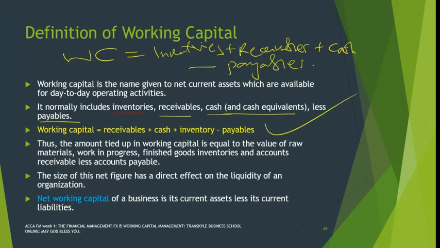Thus, the amount tied up in working capital is equal to the value of raw materials, work in progress, finished goods inventories, and accounts receivables less accounts payables. The size of this net figure has a direct effect on the liquidity of an organization. Net working capital of a business is its current assets less its current liabilities.